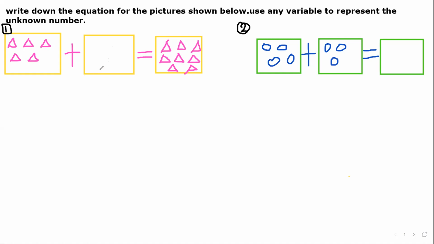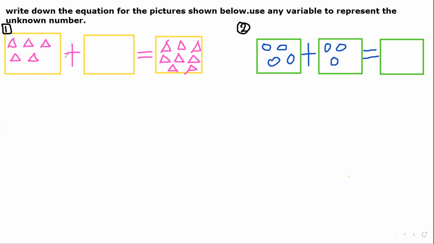Without wasting time, let's solve the first one. The picture shows there's a number of triangles in the first box, and the next one is empty. When you add it to the next one, you get the total number of triangles in the third box.